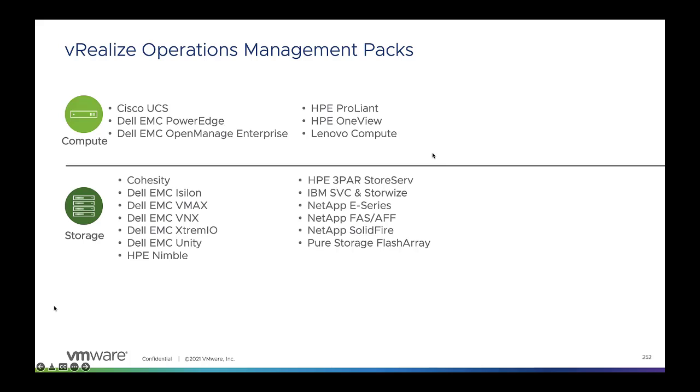So at this time, these management packs that are on the screen are actually entitled for all users of vRealize Operations with a valid license key, meaning the vRealize Operations key. So there's no extra additional investment for any of these management packs. They just need to be installed and configured. As I mentioned, I wanted to bring these up because these were previously in the True Visibility Suite, but are no longer there in TVS and are entitled to all customers of vRealize Operations.